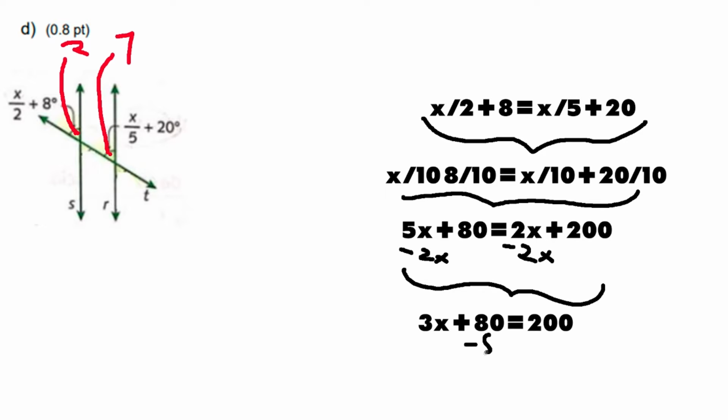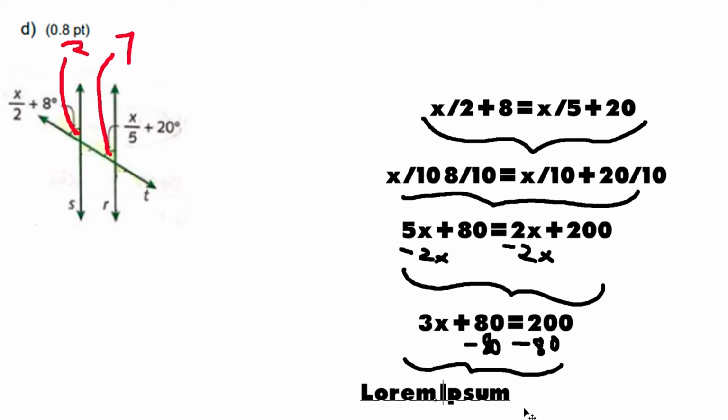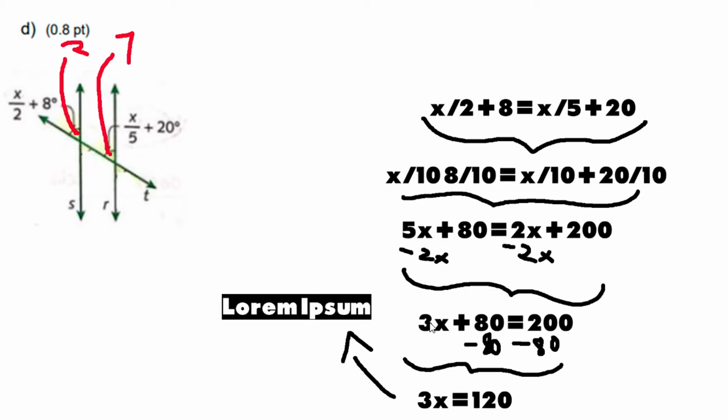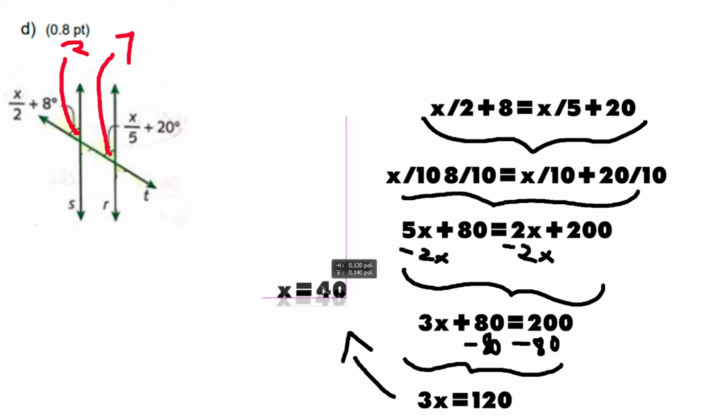Okay, minus 80, which is going to give exactly this, 120, right? And then our last step, very easy. All we have to do is divide 120 by 3, which is 40. x is equal to 40 right here.